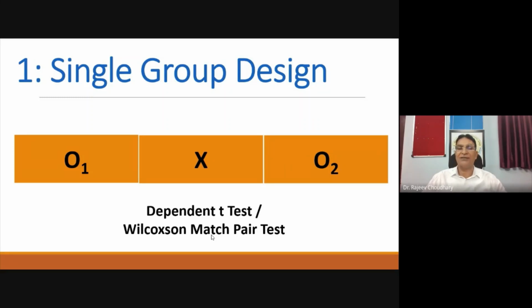Then the question arises, when to apply which? If the data is normally distributed, we apply the dependent t-test, and if the data is non-normally distributed, we apply the Wilcoxon test. The complete name is Wilcoxon matched paired signed rank test.